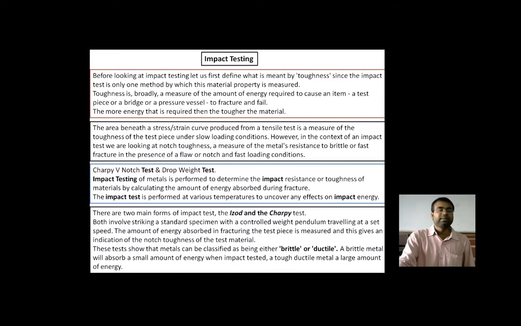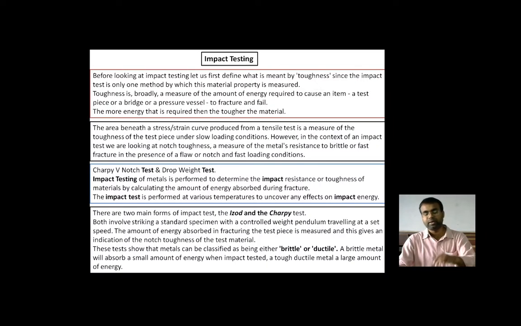So these tests show the metal can be classified as being either brittle or ductile material. That will show the behavior, that is how the particular material changes its tendency, or shows the characteristic of how the material will behave when the impact load is applied. So brittle metal will absorb a small amount of energy when impact tested, a tough ductile metal a large amount of energy.